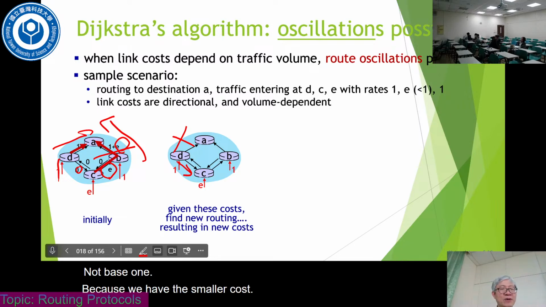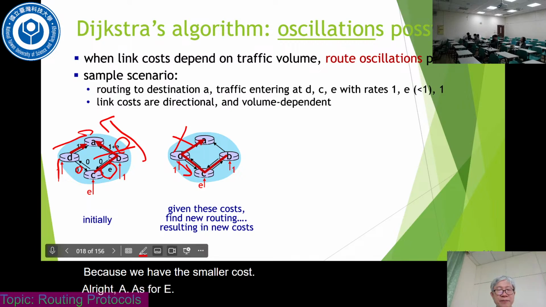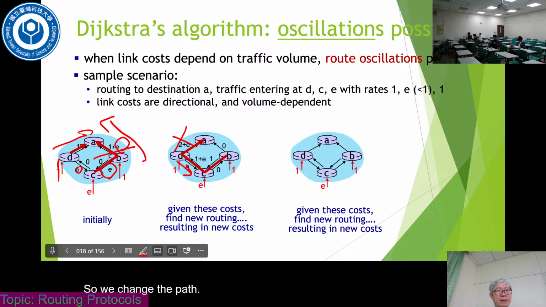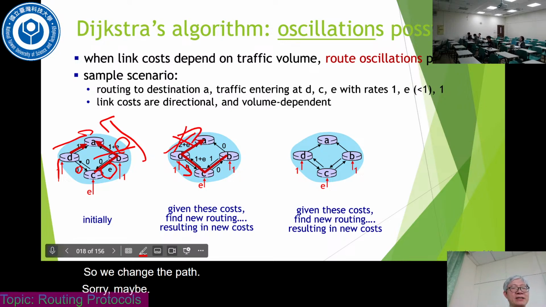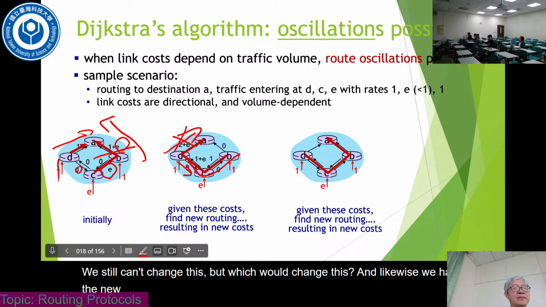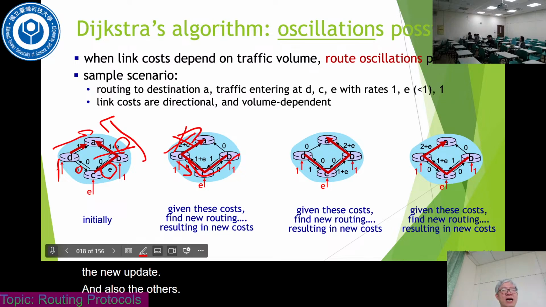As for E, we will choose this, and for 1, we will choose again. So we change the path. Maybe we still continue this, but we change this. Likewise, we have the new update, and also the others. So, oscillation here.